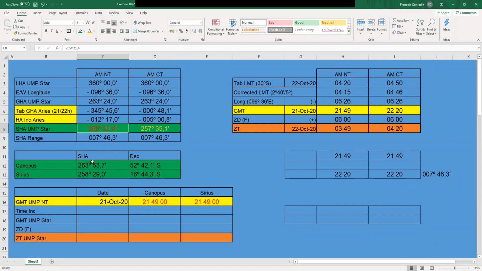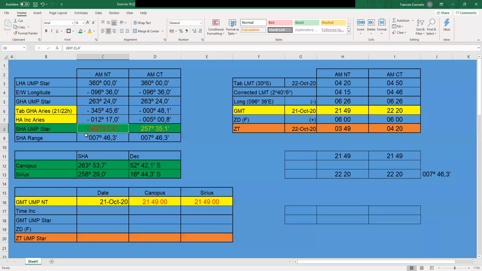So from there to our SHA for Canopus, we get 1 degree 27.7 minutes. Is that correct? That's correct. Okay. So if this is the time of 21:49, then we're trying to find the time for Upper Meridian Passage of Canopus.